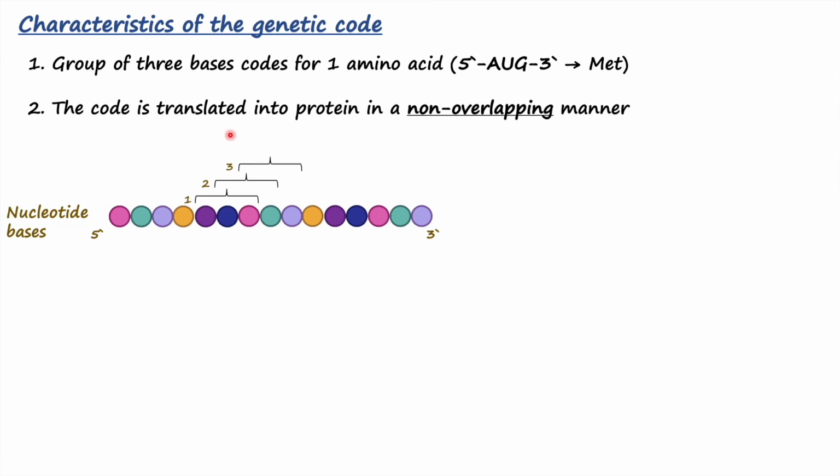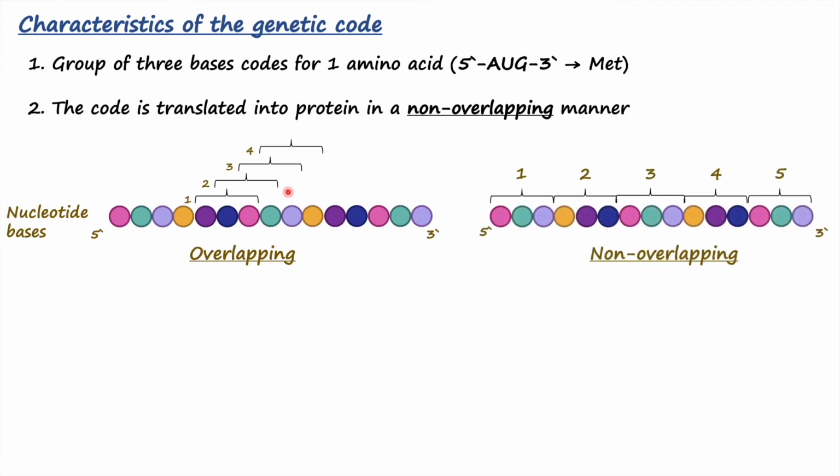Likewise, if we have a third triplet, you can see that there is an overlap of nucleotide bases between the first, second, and third triplets. And suppose we have four triplets, you can see that there is so much overlapping of nucleotide bases between the first, second, third, and fourth triplets in this series of codons. So this is called an overlapping manner.